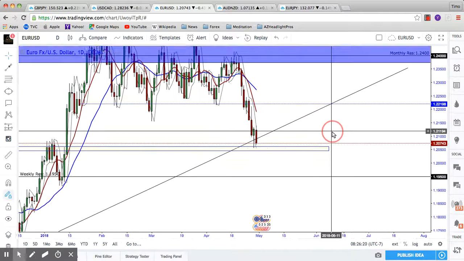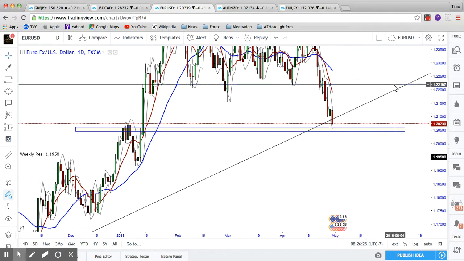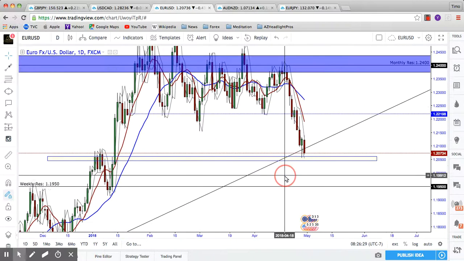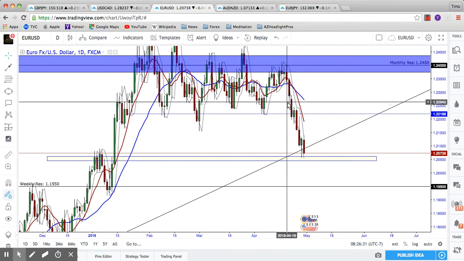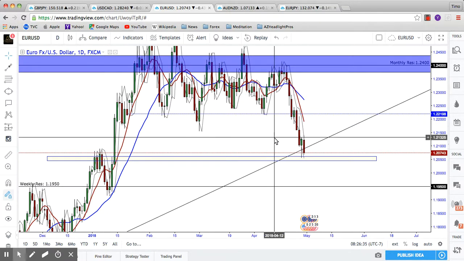We have to see how daily candles close on this pair, as we have had some bearish momentum, the last week or 2 weeks, rejecting 1.2400s, which is our yearly high.